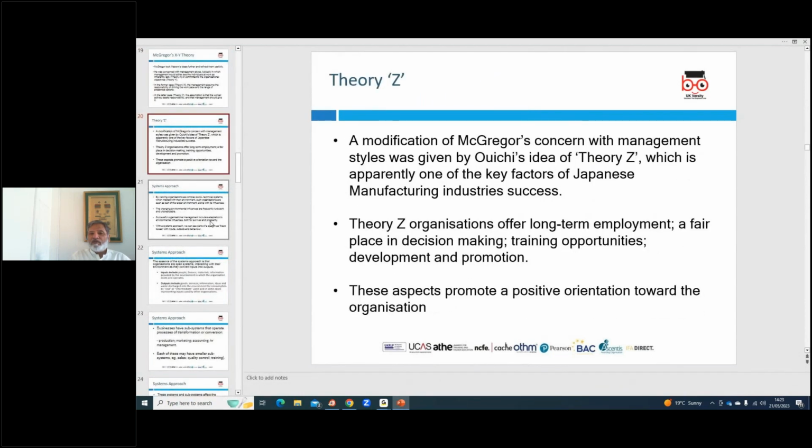Basically, theory Z was developed by Ouchi, based on McGregor's theory, and this theory is based on Japanese manufacturing industries, and they were quite successful theories because they looked at different people, different objectives, different training opportunities, development, motivation, and positive results resulted from that kind of research.